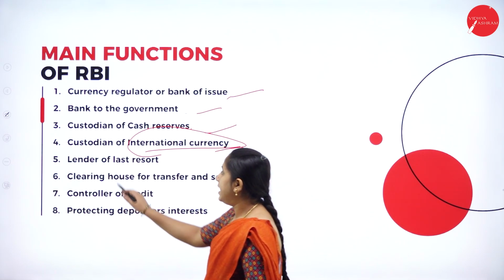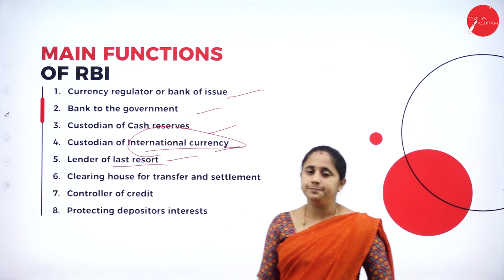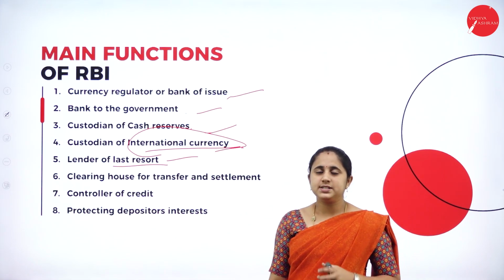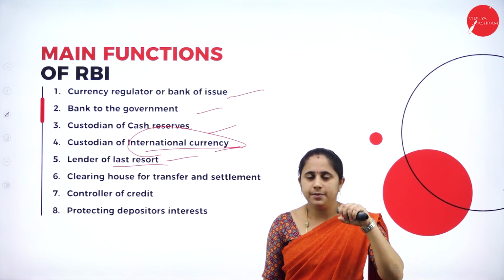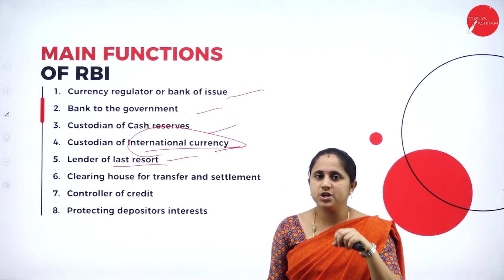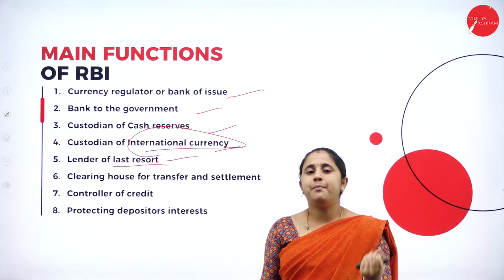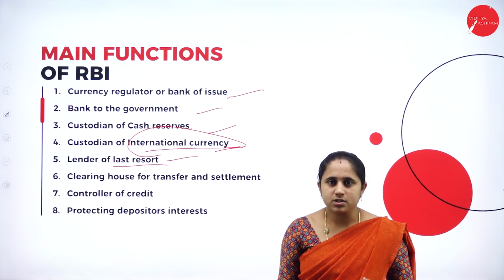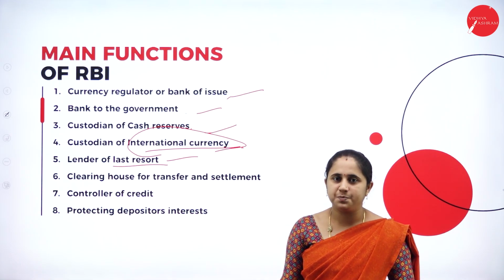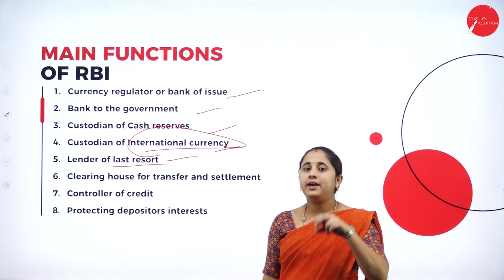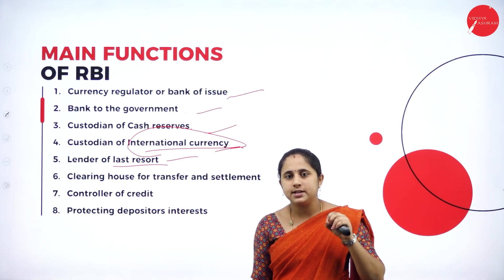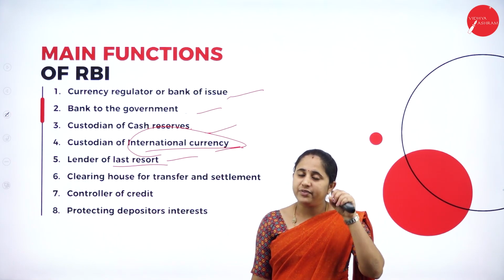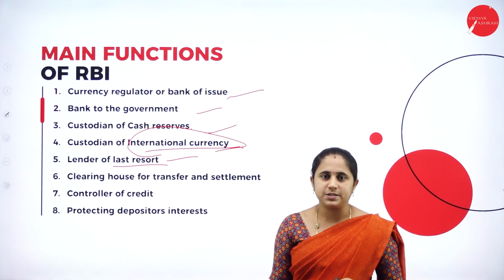So next one is lender of last resort. Lender of last resort means RBI is the last bank or the final option to get a loan or to get money to meet uncertain risk or in order to meet your expenses. For the commercial banks, RBI is the last resort, the final option to meet their expenses.